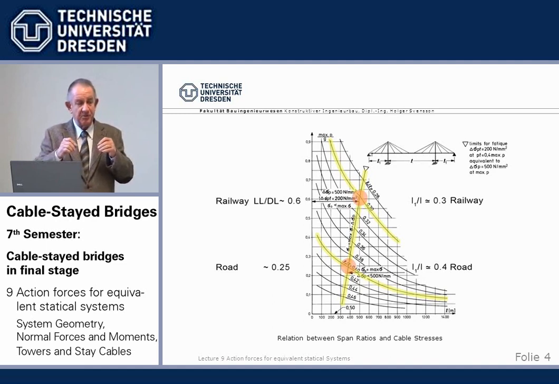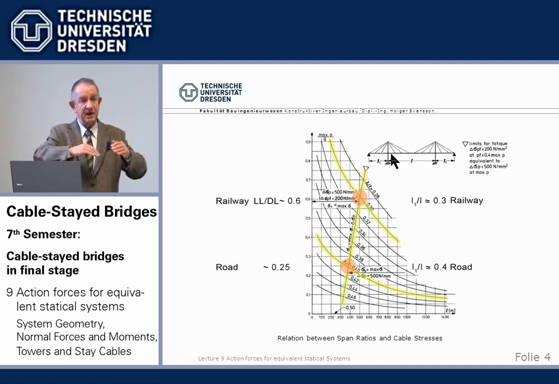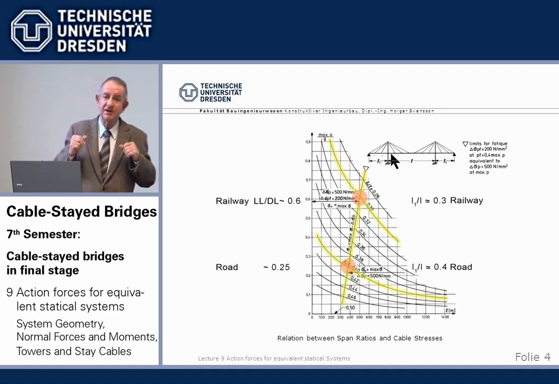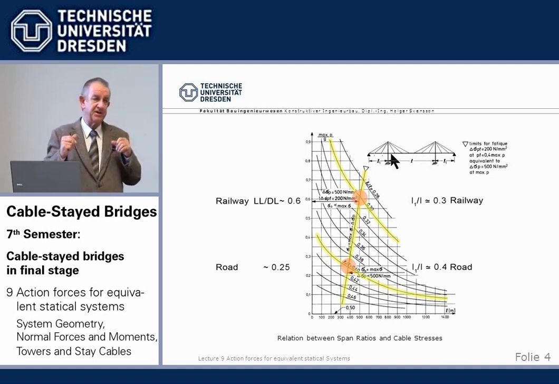And the most economic solution, and this ratio of maximum load and fatigue load is very much governed by the span range. If we have a very long main span, then we get very high forces here, and if we have a long side span, we get a high fatigue range. And our aim is to find the span ratio which, from maximum load, gives us just such a cross-section that this cross-section is just able to take the fatigue loads.